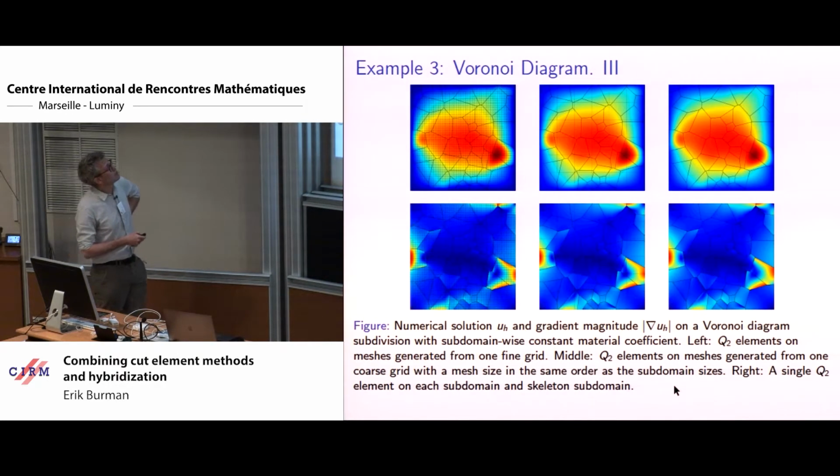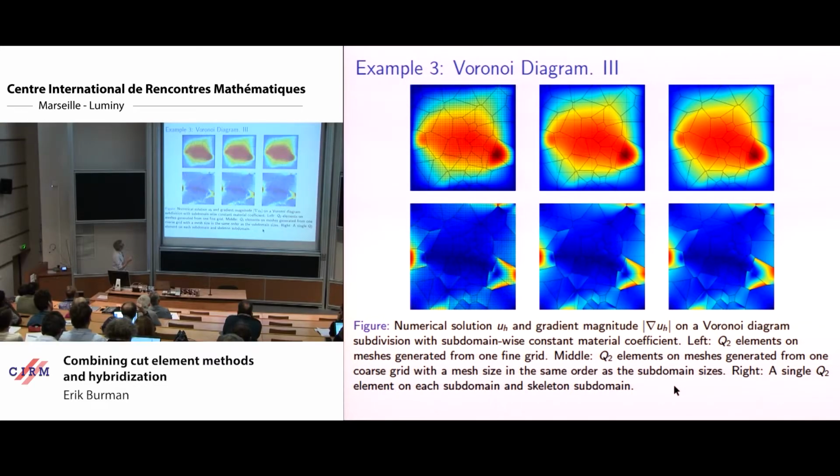And in the other case, we can discretize. You see here we have a fine mesh, and we have these cells that cut through, and these are Q2 elements, and this is the magnitude of the gradient. Now if we go in this direction, we coarsen the mesh, and you don't see that much change in the solution, but if you look carefully, you can see that the resolution of the gradient magnitude is getting poorer and poorer.